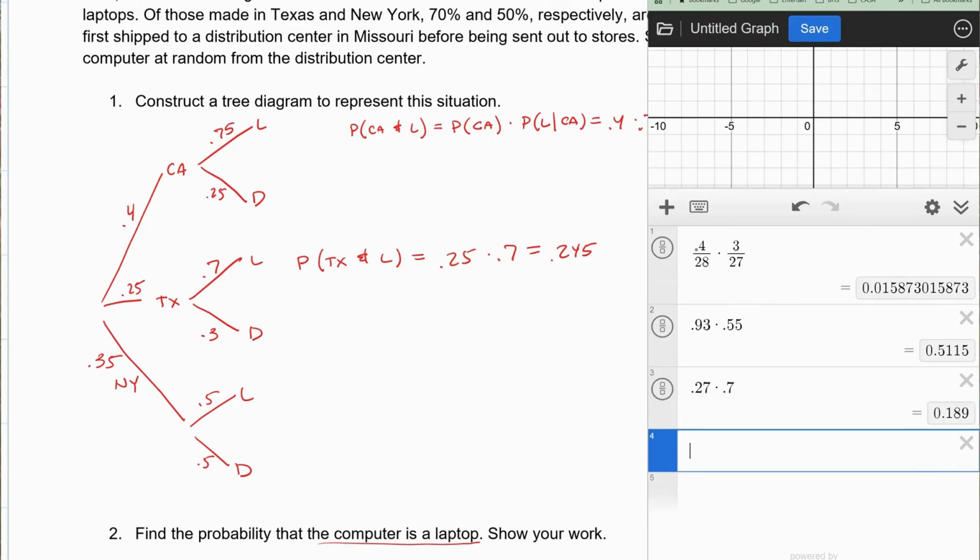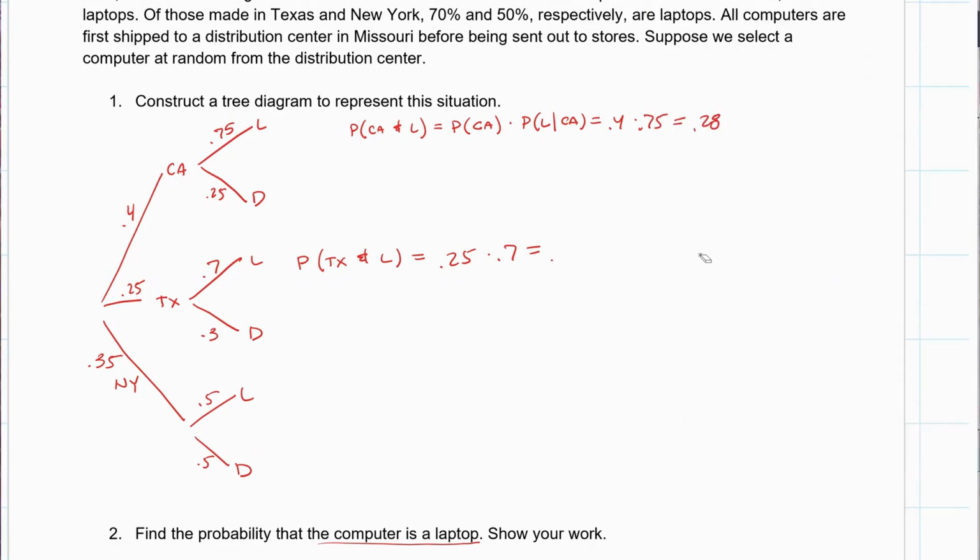Okay, indeed that number is wrong. That was 0.175, right? And then the probability that it's from New York and is a laptop is 0.35 times 0.5, and that should be 0.175.